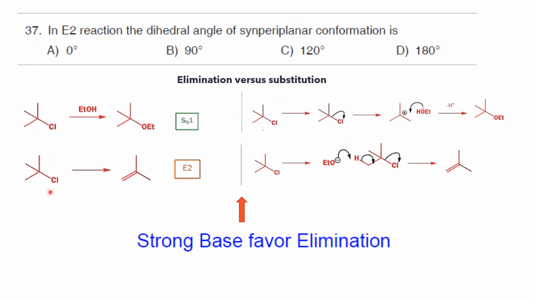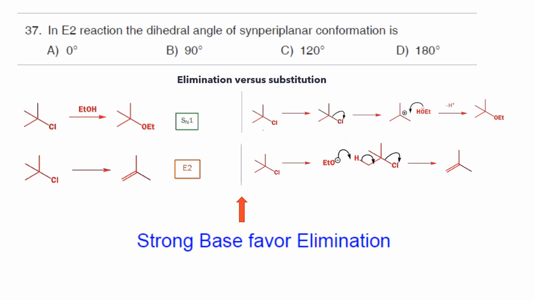Now what happens when you have an elimination reaction? The same substrate can undergo an elimination reaction. That is, instead of substituting this chlorine with some other group or atom, a hydrogen atom from either this side or this side is eliminated to produce the alkene.